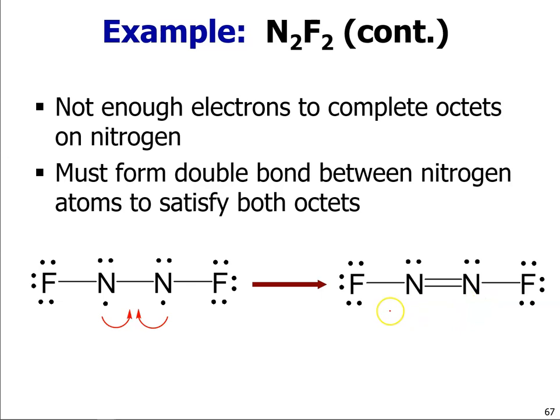So this would be a good structure now because we have an octet. We have the 2, 4, 6, and 8 from this nitrogen, and 2, 4, 6, and 8 for this nitrogen, and we have the 2, 4, 6, and then the 8 in the bond for that fluorine. So now we have satisfied octets for all of the elements in this compound. That would suggest this is a good structure.